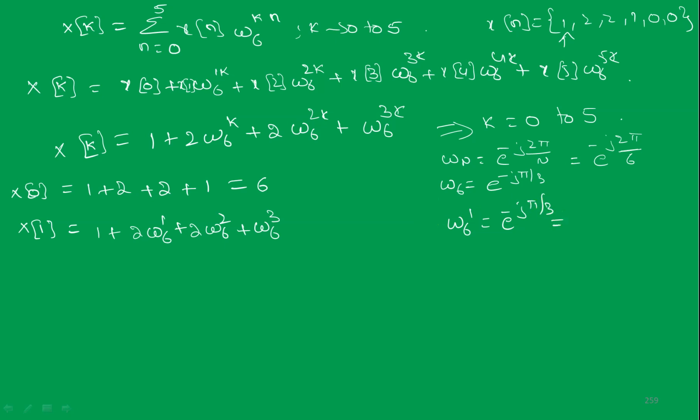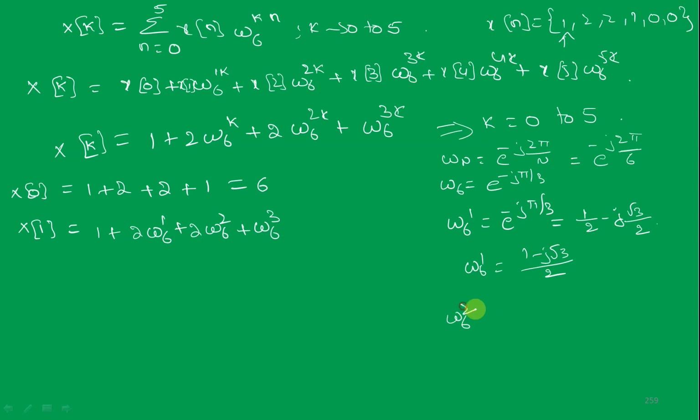What is that? Cos pi by 3 minus j sin pi by 3. Cos pi by 3 is 1 by 2, minus j sin pi by 3 is root 3 by 2. That means W6 power 1 is (1 minus j root 3)/2.